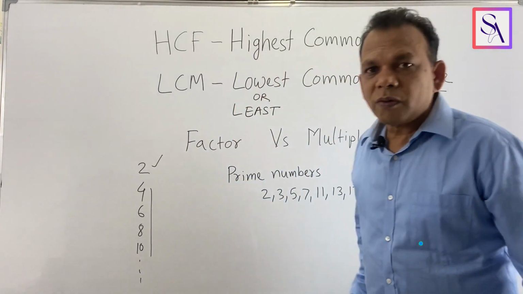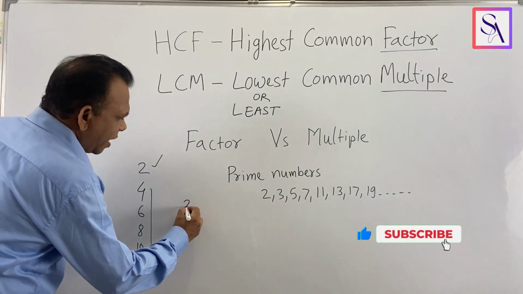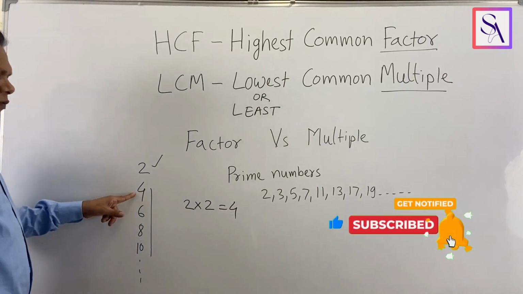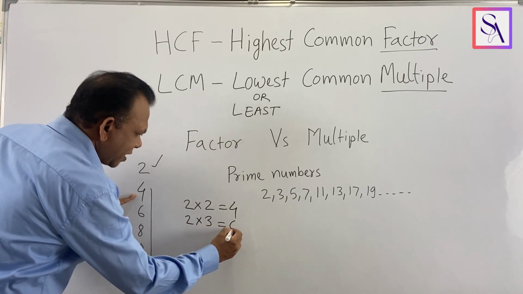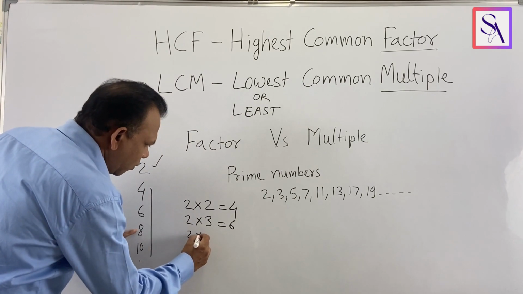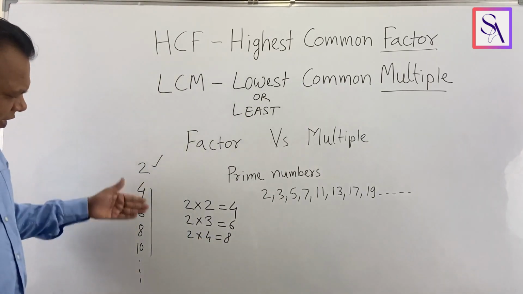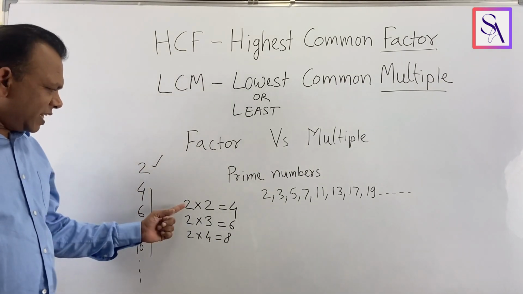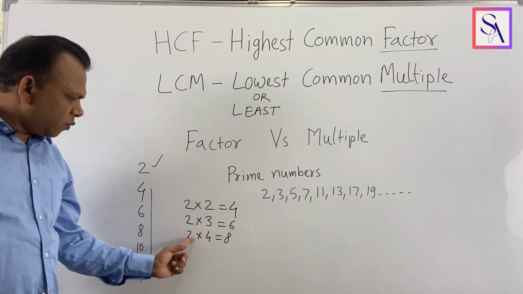Multiples of 2. Why are they called multiples of 2? Because if I multiply 2 by 2, 4 comes, right? That's why 4 is there. If I multiply 2 by 3, then 6 comes. If I multiply 2 by 4, then 8 comes. In this way the table goes on up to 20 and beyond 20 as well. So these are the multiples of 2. See, 2 twos are 4, 2 threes are 6, 2 fours are 8.